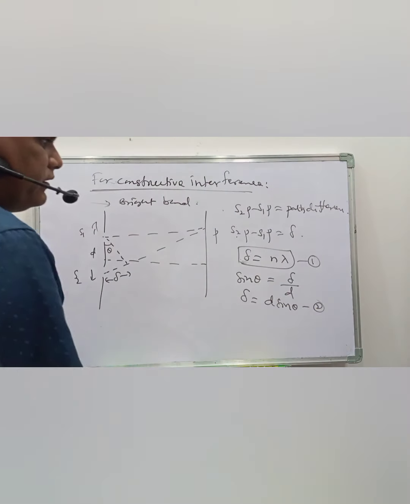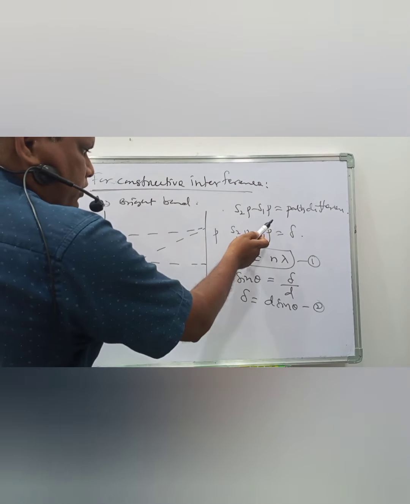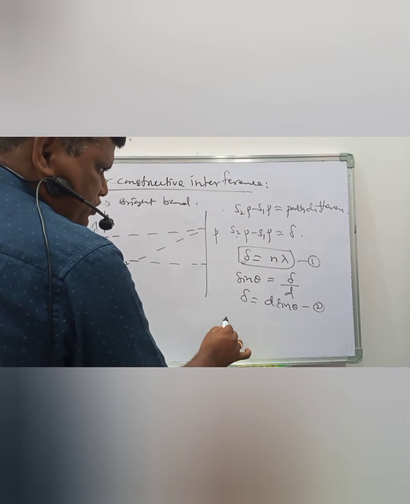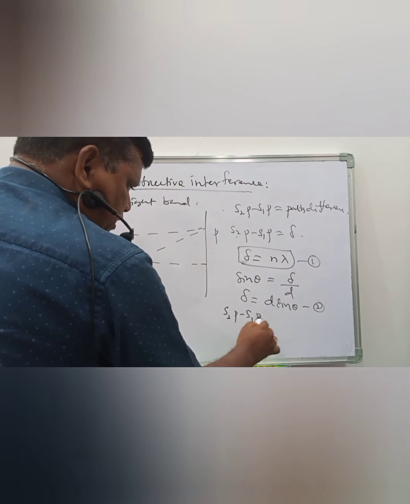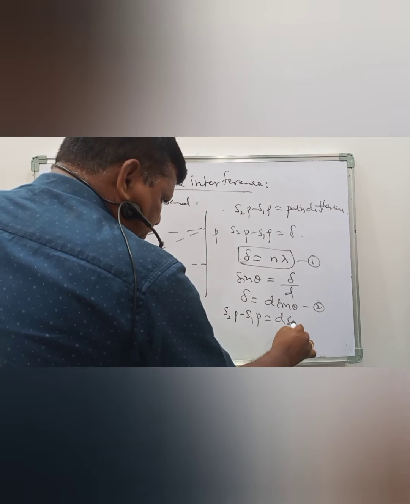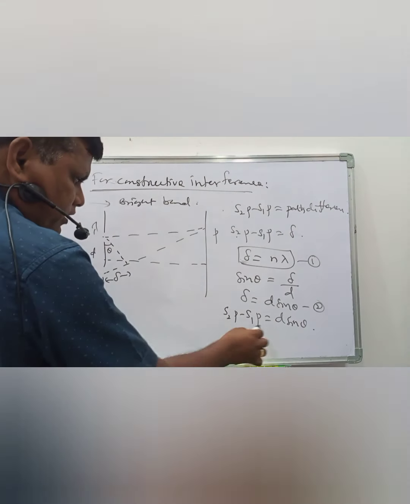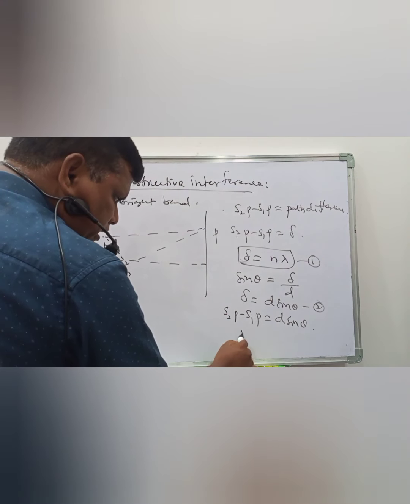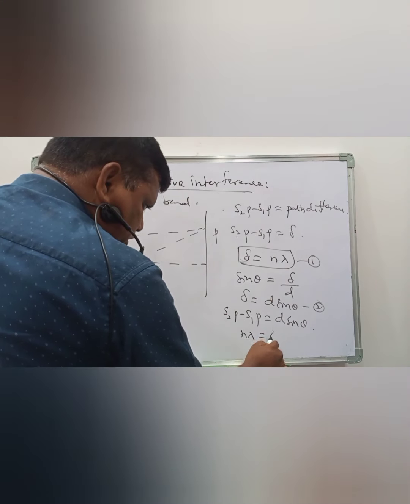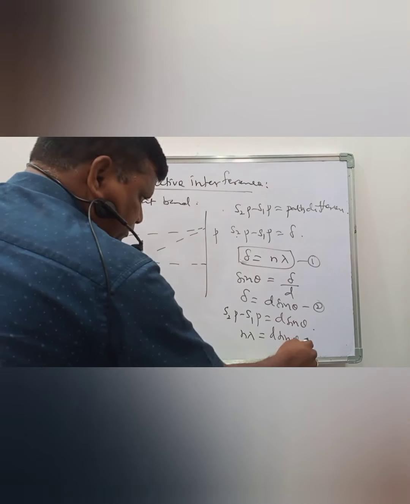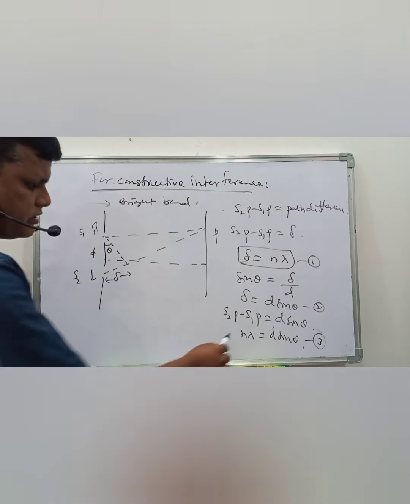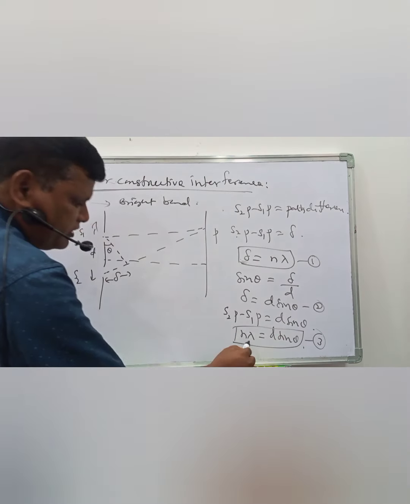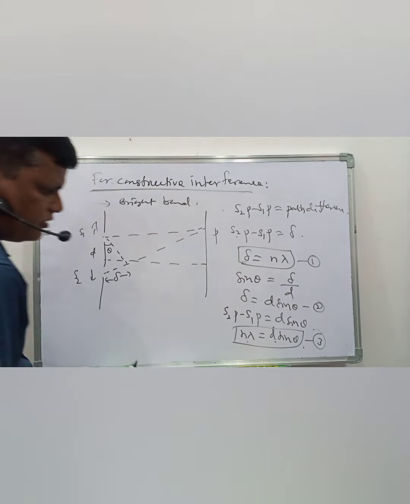So here we can write delta is equal to d sine theta, therefore S2P minus S1P is equal to d sine theta. Since delta means n lambda, n lambda is equal to d sine theta. This is equation number 3.